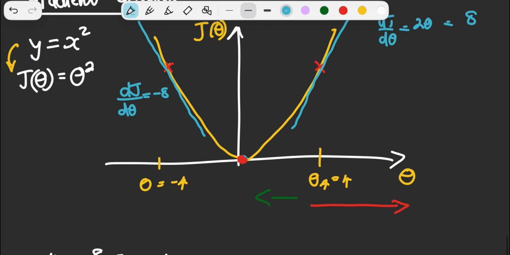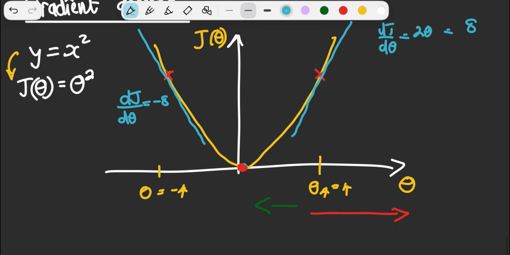Then you realize, wait a minute, something fishy is happening here. If I were to increase values of theta, I'll get more negative, right? The value of J of theta is going to increase by increasing values of theta in this negative direction. So what I need to do is decrease my values of theta so that I can arrive at the minimum.